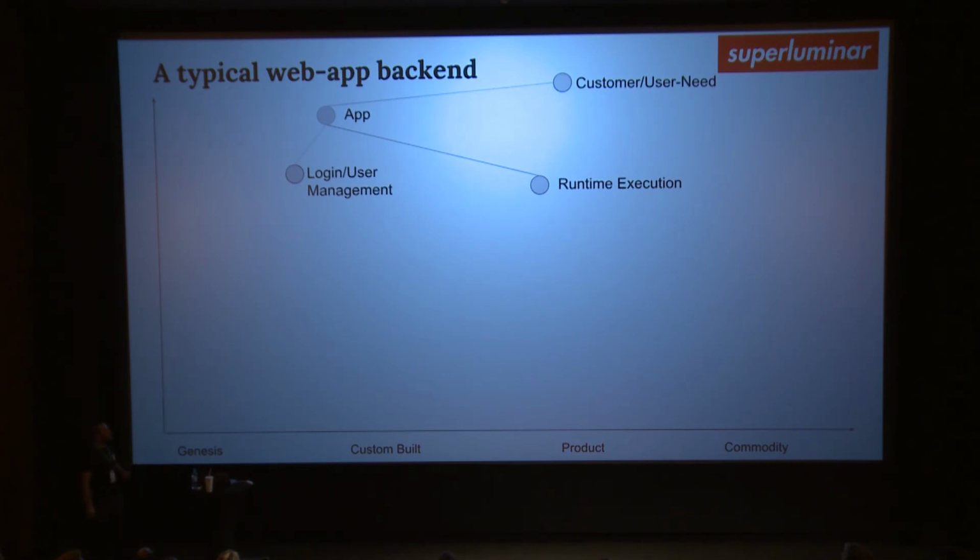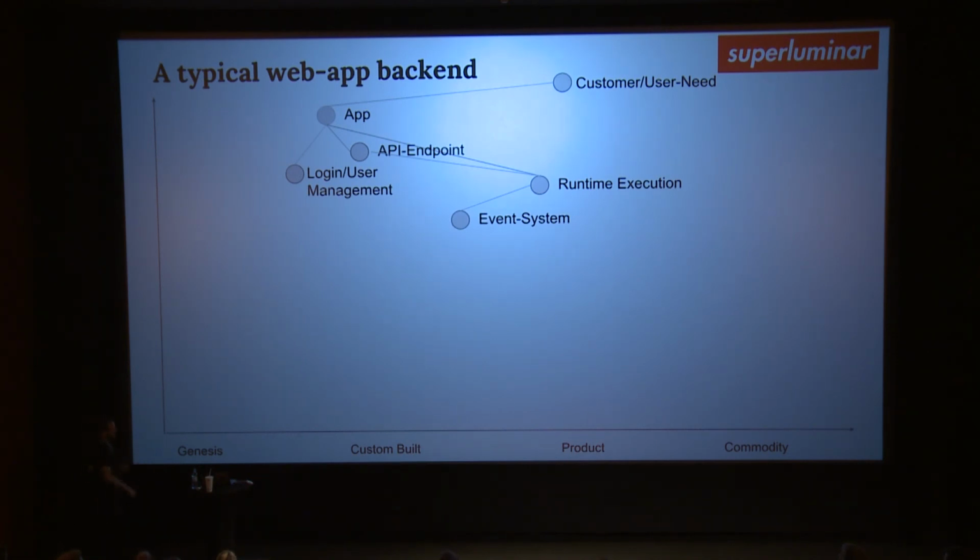Then usually we have something like a login management system. This is just an example, it might be custom built, so we build it on our own. Then we have something like an event bus or a queuing system, streams, event streams, and so on. And an API endpoint, of course, because everything talks to our API endpoint.